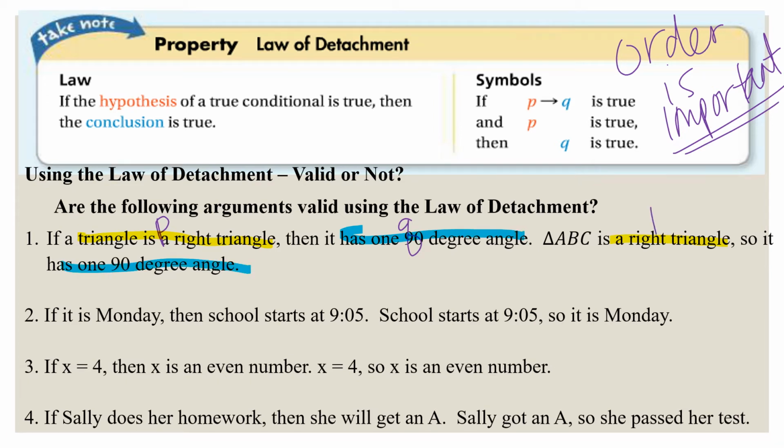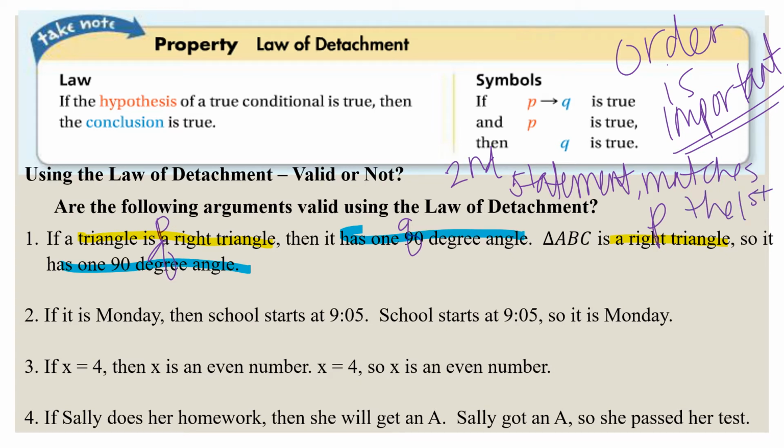Both of these, this is my P, this is my Q, have the same setup. The second statement matches the first.